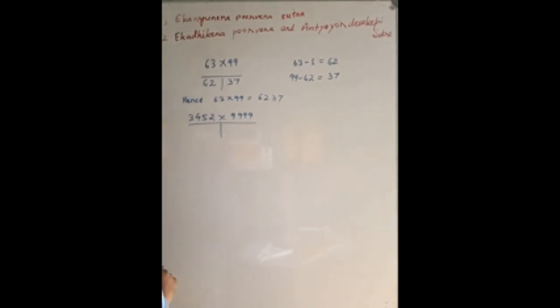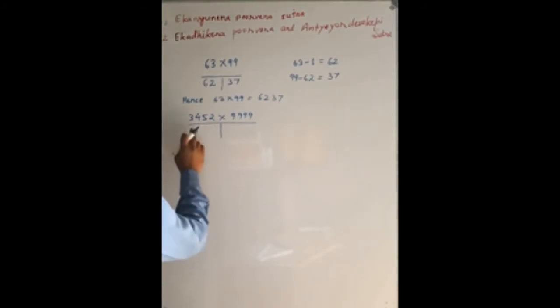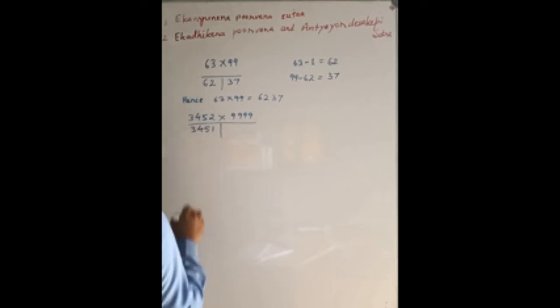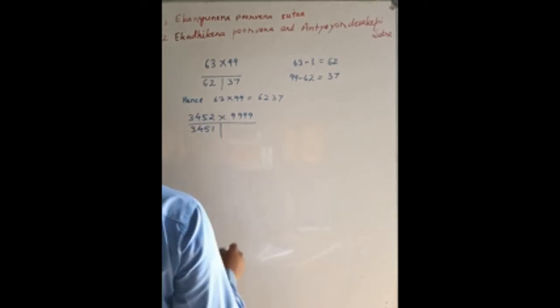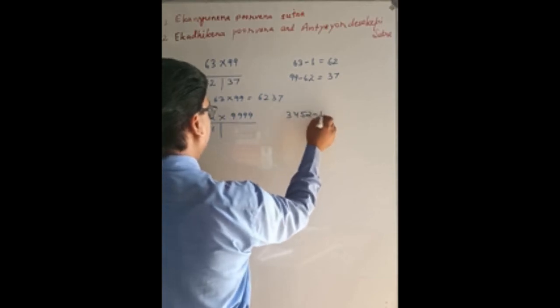There are two parts, left side and right side. One less than 3452 is 3451, so the left side is 3452 minus 1.